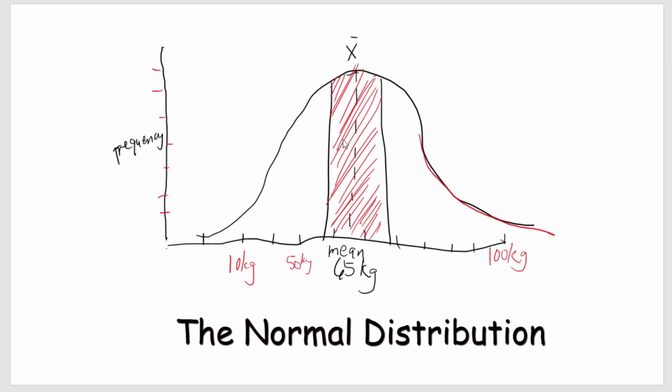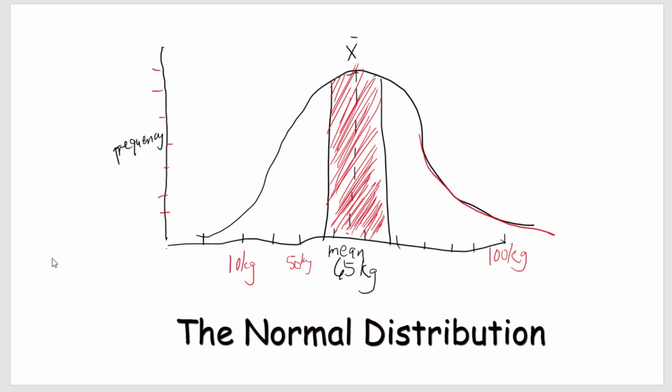If you go to this side here, you see that the majority of the women weigh around 65 kilograms. That is the reason why the mean is a representation of the majority of people. In terms of weight, the majority of people more or less weigh 65 kilograms.